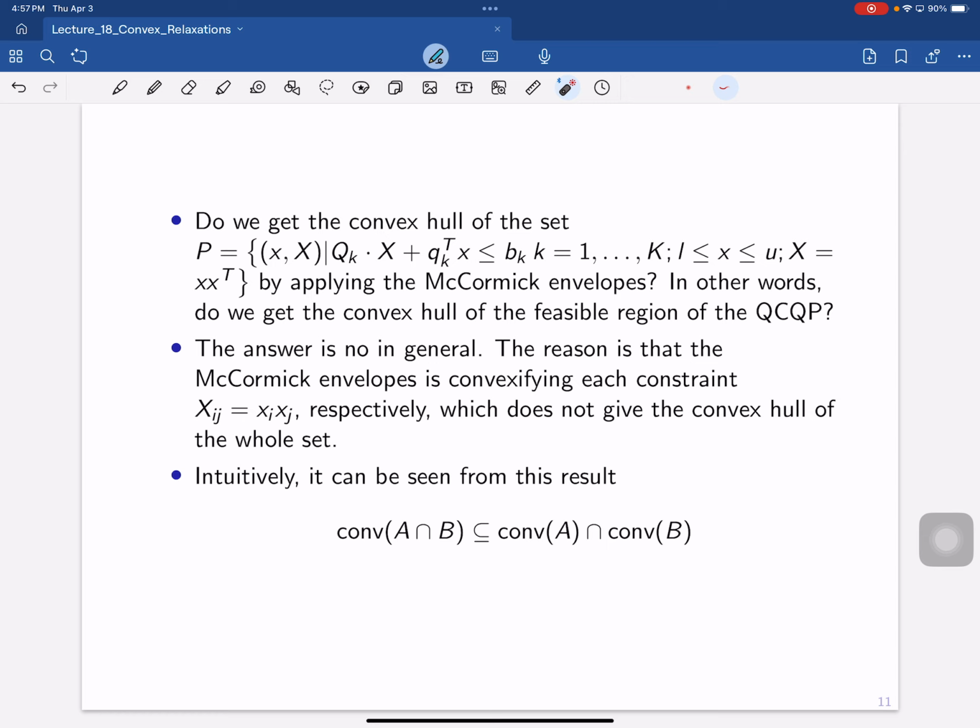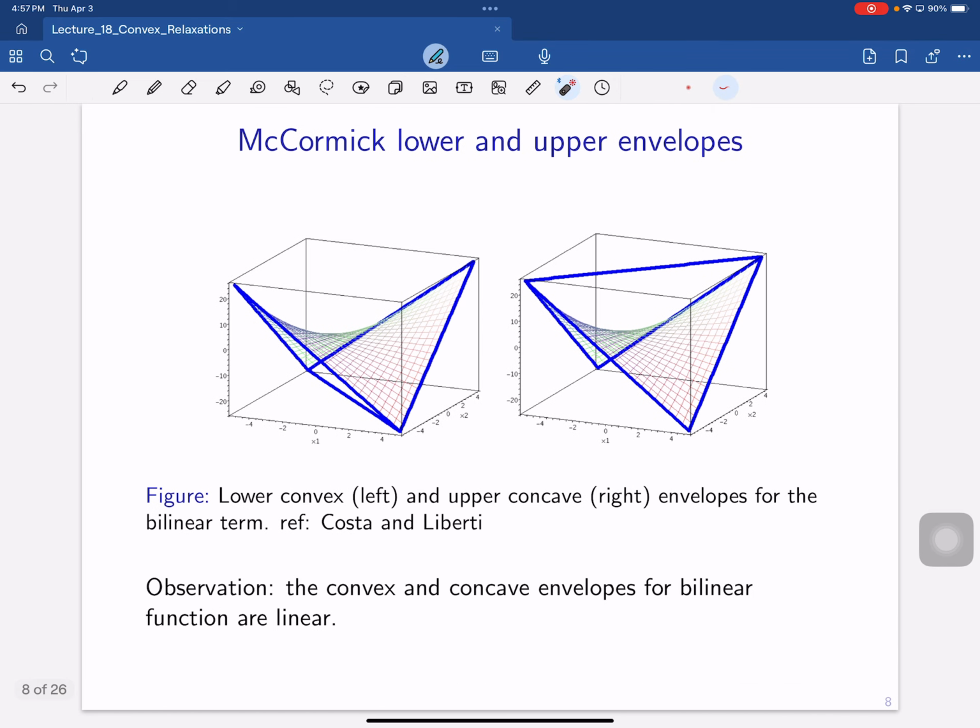Now, a tricky question here is when you first study global optimization, it is easy to get confused by the idea of convex envelopes, right? So we said McCormick envelope is a convex hull of the single bilinear problem, right? You can see that in the picture. But now, if you apply McCormick envelope to a QCQP, would you get the convex hull of the QCQP?